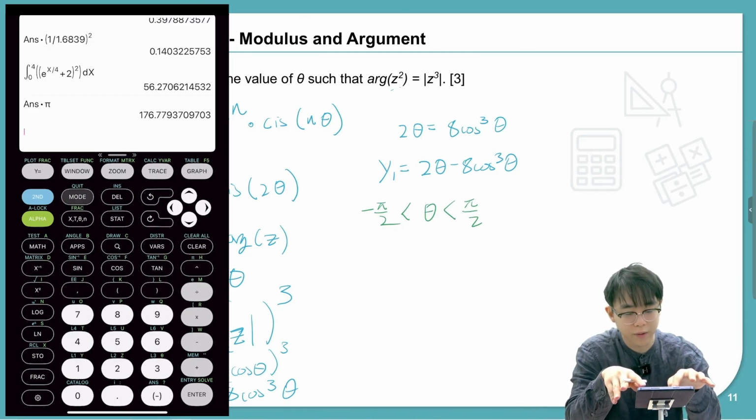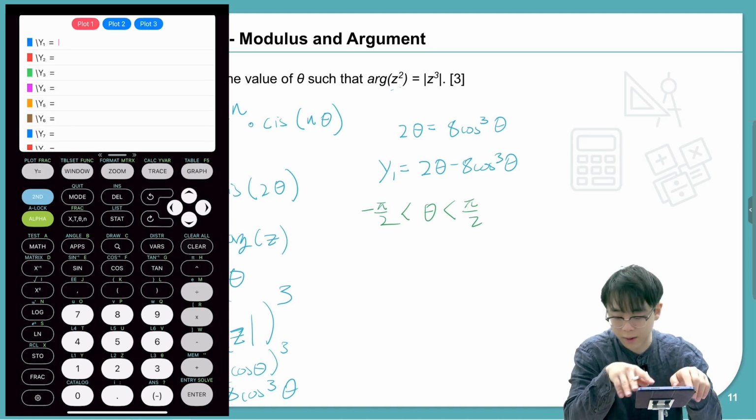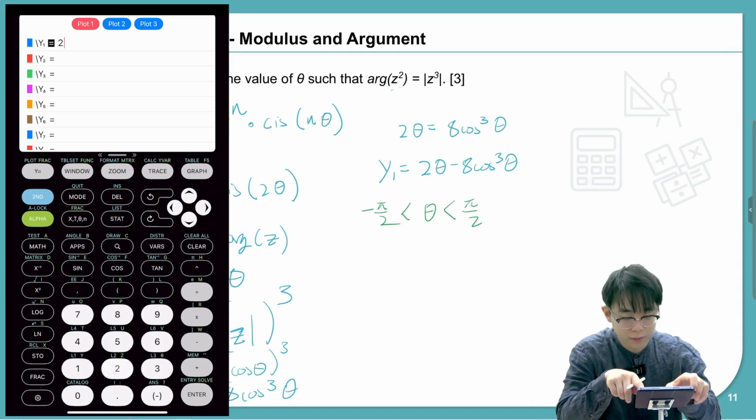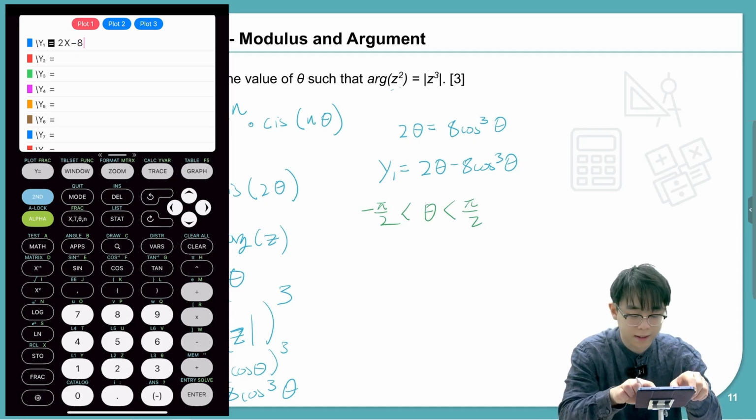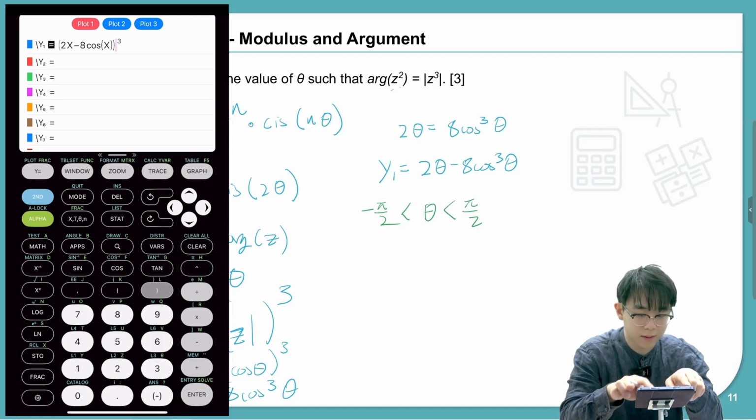So first, make sure that we're dealing with radians, not degrees. And second, we want to enter in our formula. So it's 2x minus 8 times cosine x cubed.